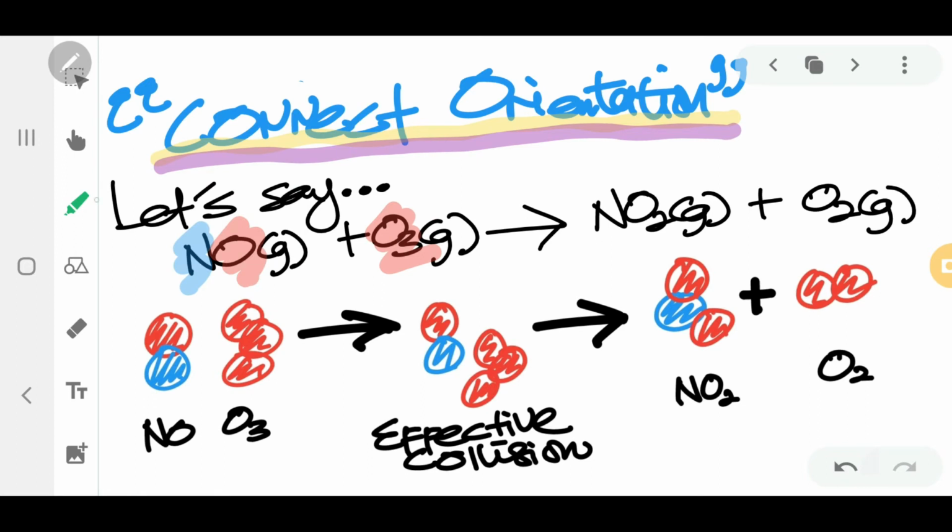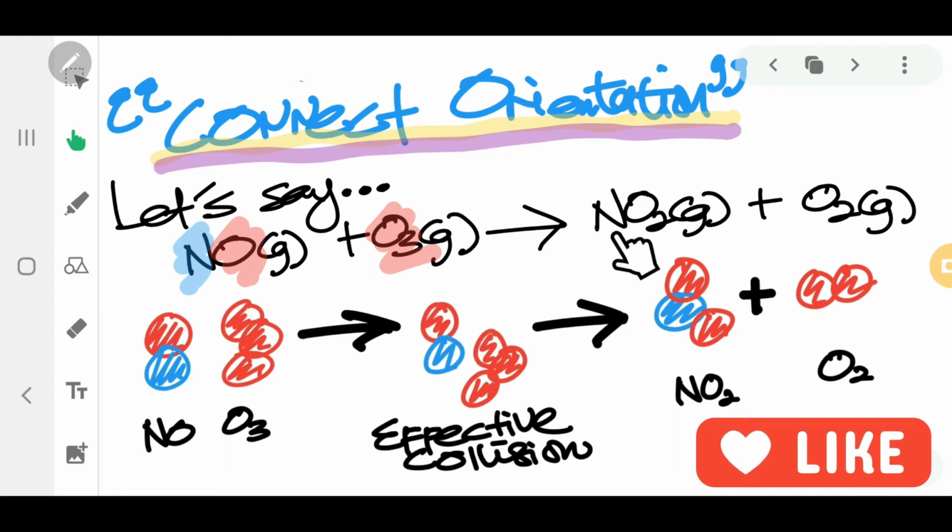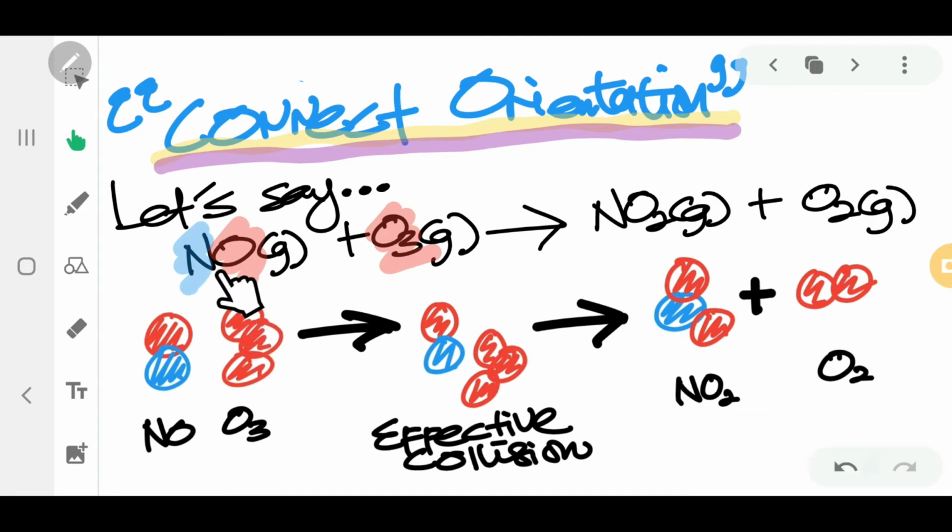If you want this NO to get one of the oxygens from O3 to make NO2 and O2, the N from your NO needs to collide with one of the oxygens.